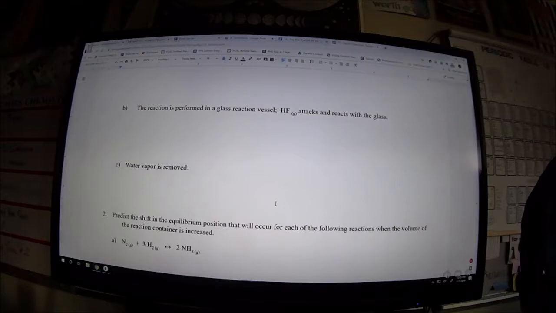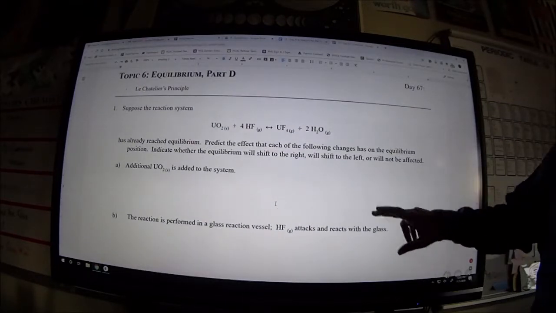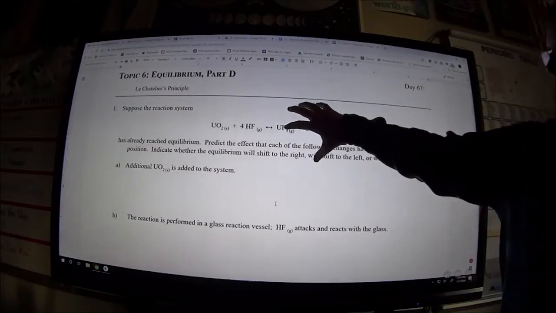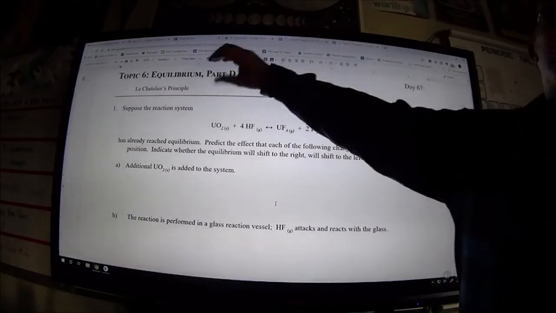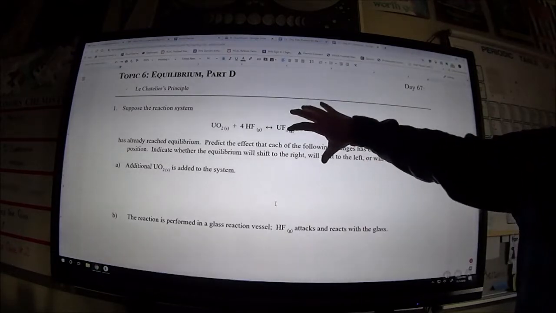In terms of the reactants, how do you know which way it moves? Anytime we take any of either the product or the reactant away, let's keep it respective. Let's say I take some products away.